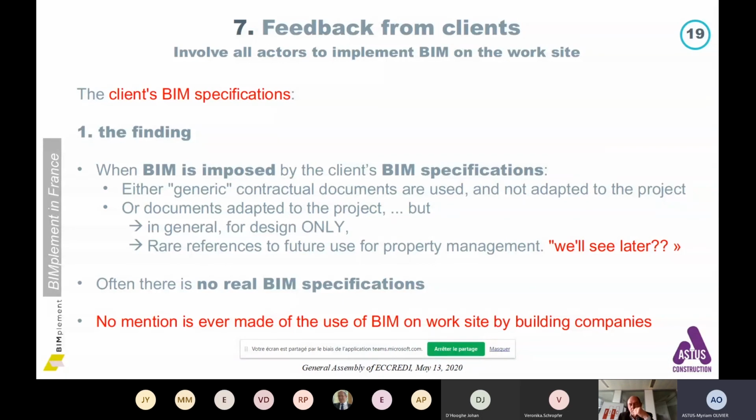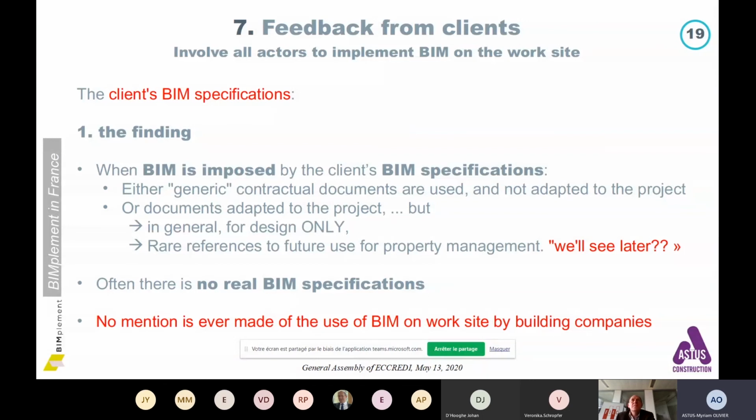And that's why BIM specifications have to be carefully drafted. However, what we've seen is usually BIM specifications are not that good. Very often generic documents are used, but they are not adapted to the project. So people, even project managers, don't know how to manage with it.